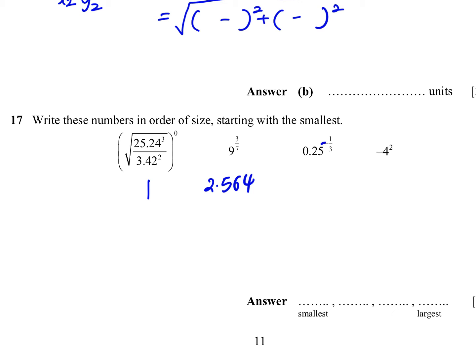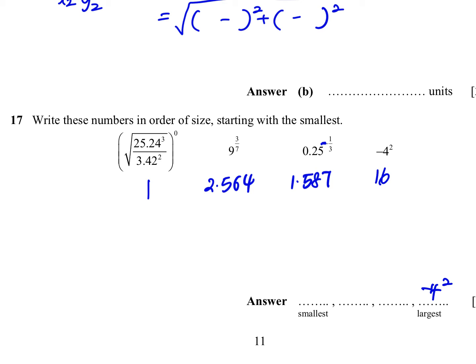There's a negative here. 0.25 to the power of negative 1 over 3 is 1.587. Then negative 4 whole thing squared is 16. So the largest is obviously negative 4 whole thing squared. Why negative 16?